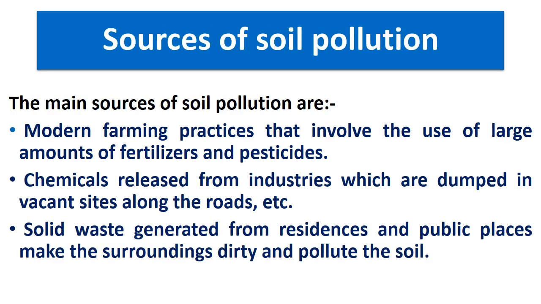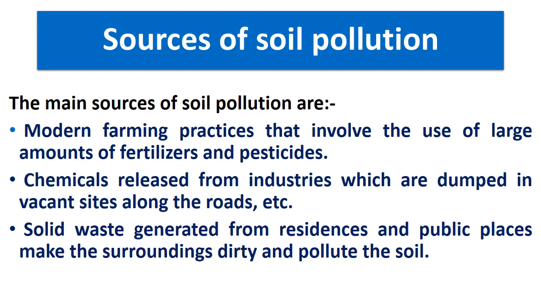What are the sources of soil pollution? First is modern farming practices that involve the use of large amounts of fertilizers and pesticides. The fertilizers and the pesticides which are used by the farmers for spraying over the crops are one of the sources of soil pollution.